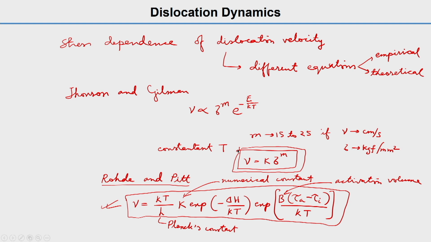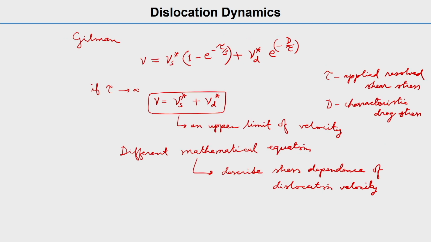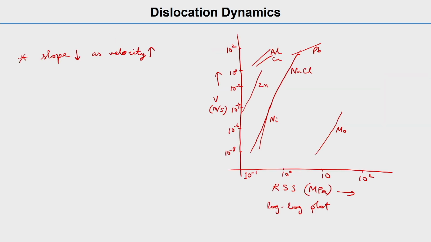So different mathematical relations are proposed, but the overall trend you can see from this plot, which was compiled from different references, and I think they have even published it in K.K. Chawla's book, Mechanical Metallurgy.